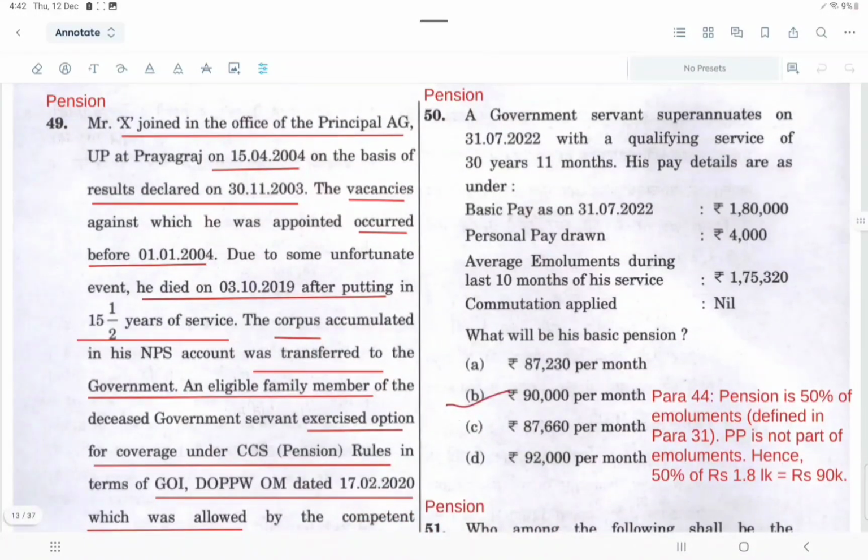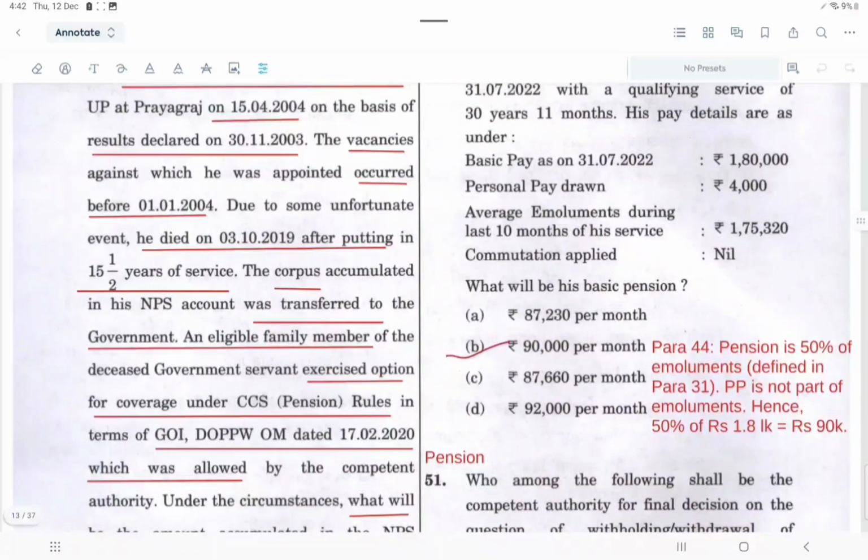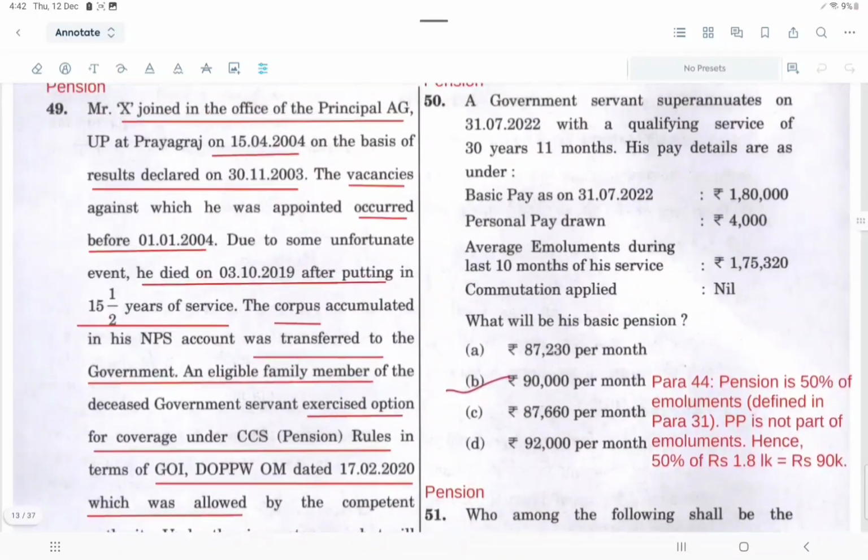A government servant superannuates on 31st July 2022. Qualifying services 30 years 11 months. Details are given as below. Basic pay, personal pay, average emoluments in last 10 months. Commutation is not applied. Now as per para 44, we know that pension is 50% of the emoluments.